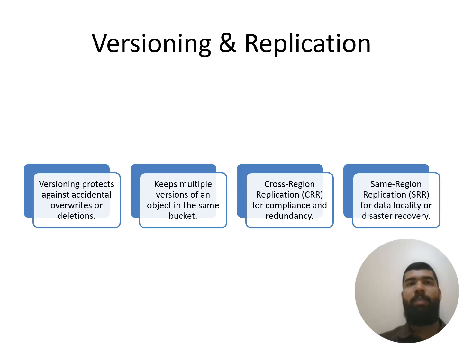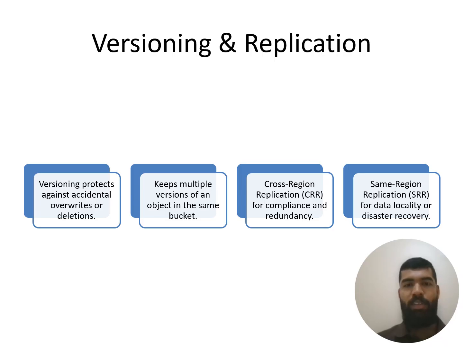So you will have multiple versions of this object, and even if the original one is lost, you would still have the duplicate object in the replica bucket. This replication can be done across various regions, or within the same region, which helps with compliance, disaster recovery, and maintaining data in a locality. As you see here, we have cross-region replication and same-region replication.